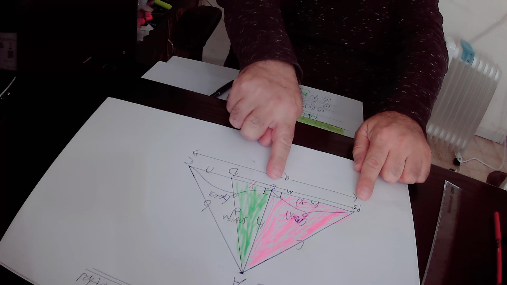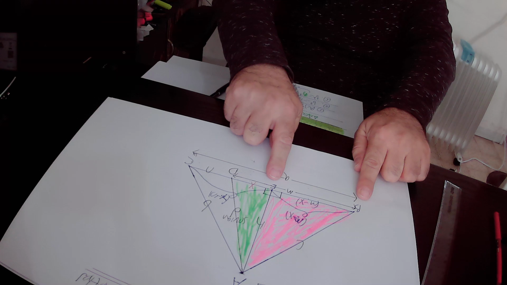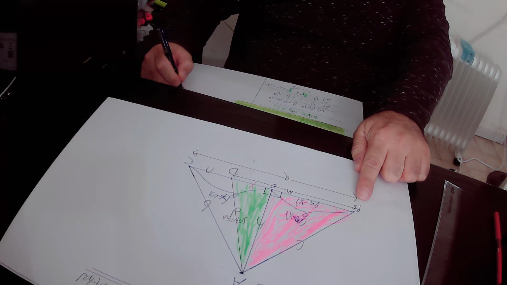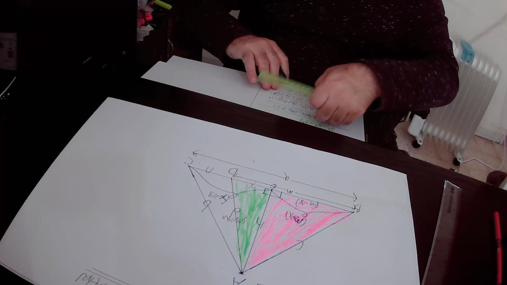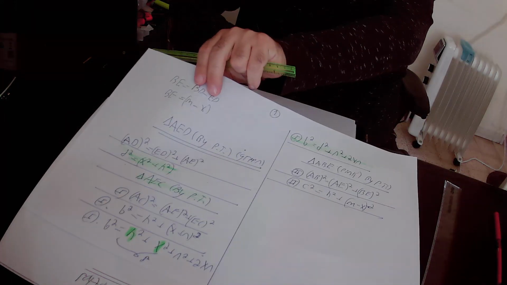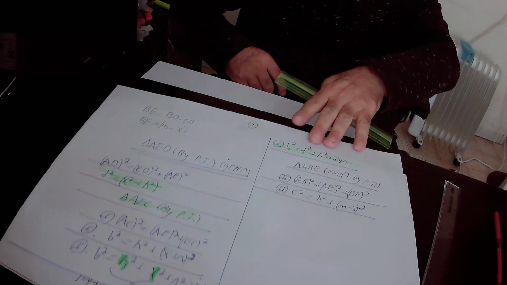BE, we have already found out that BE equals m minus x, therefore BE squared equals (m minus x) squared. So, in conclusion, according to the Pythagoras theorem, in the right pink triangle ABE, we found out that c squared equals h squared plus (m minus x) squared.